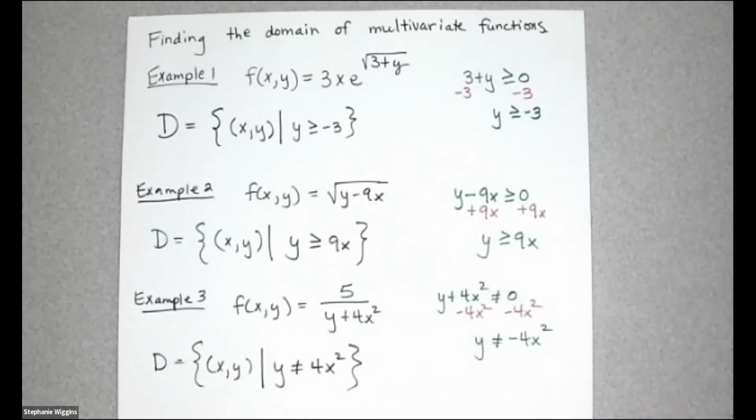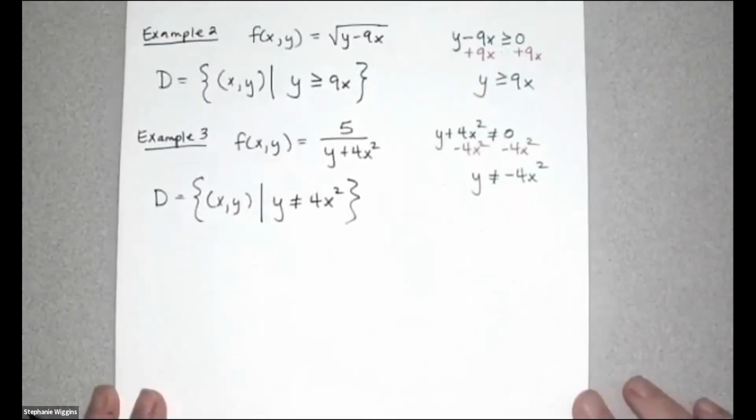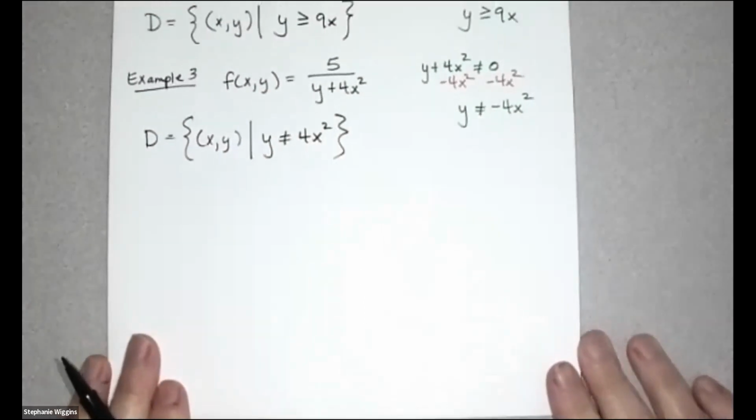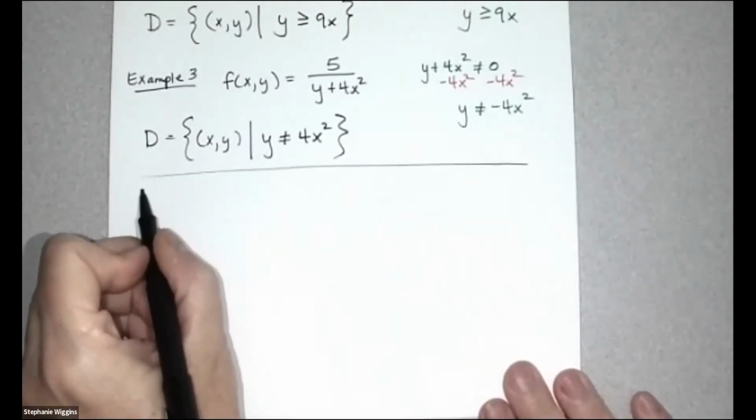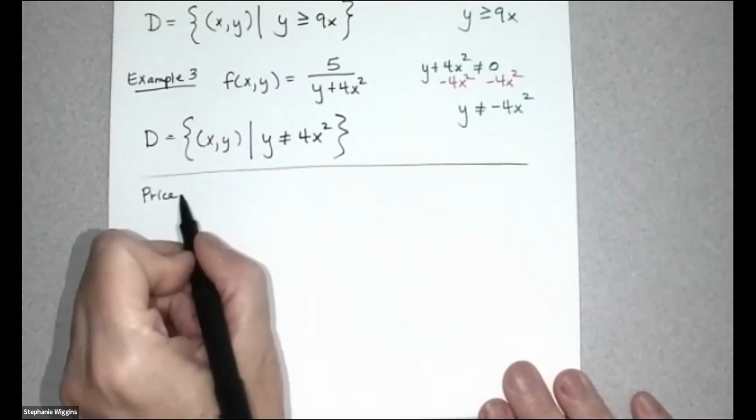I'd like to show you now an application of a multivariate function in the business world. I don't know much about business, so I don't really know what I'm talking about here, but maybe you do. Have you ever heard of what they call the price-earnings ratio?